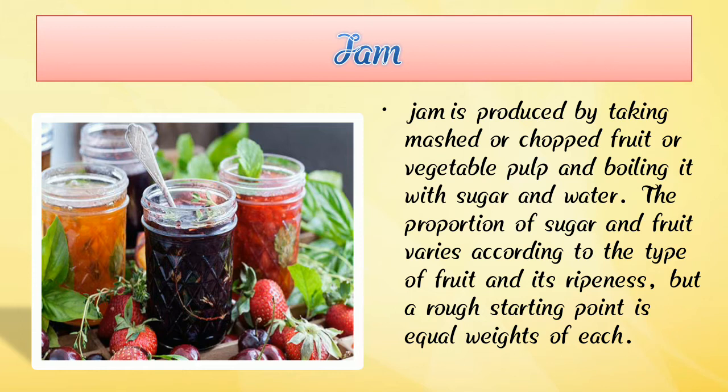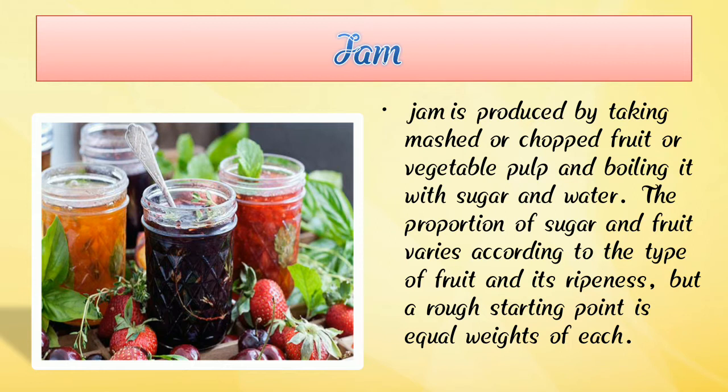The proportions of sugar and fruit vary according to the type of fruit and its ripeness, but a rough starting point is equal weights of each.